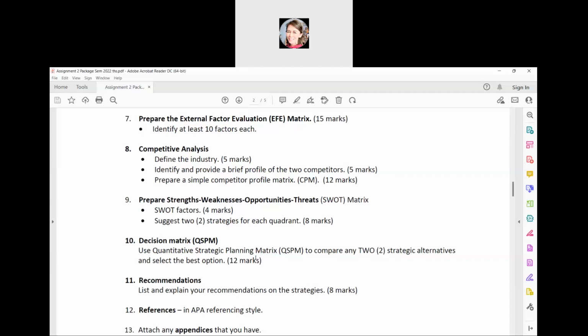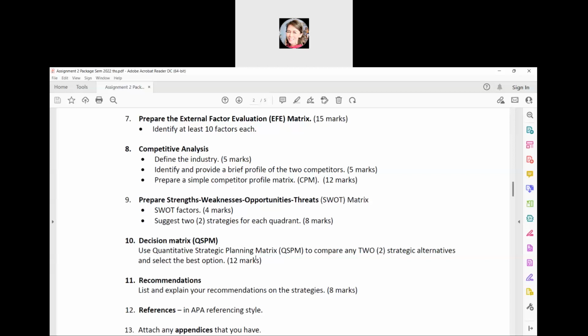We have uploaded samples of QSPM, and step-by-step guidelines on how exactly you would come up with it.